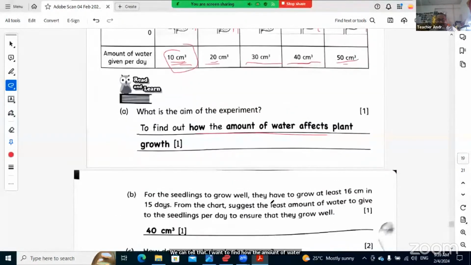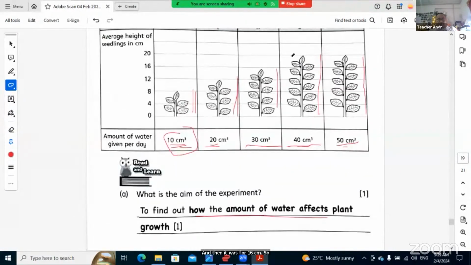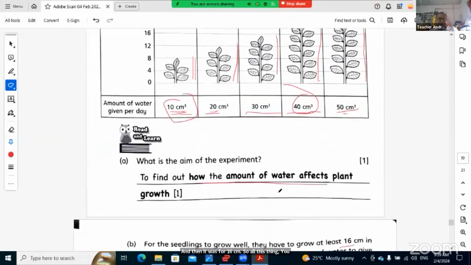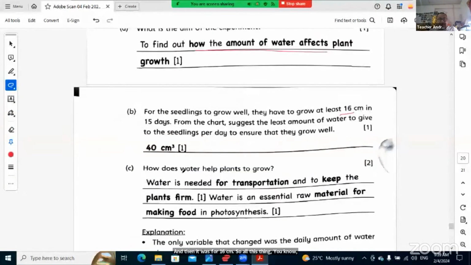And then it was 16 cm. So in order for them to grow 16 cm, they must give 40 cm cube of water. Why does water help the plant to grow? Because water is needed for transportation and keeps the plant firm.